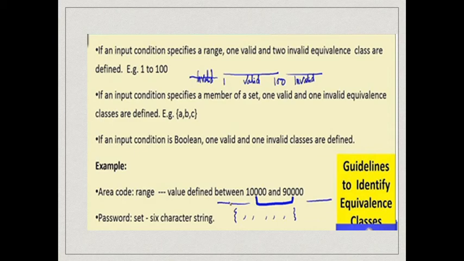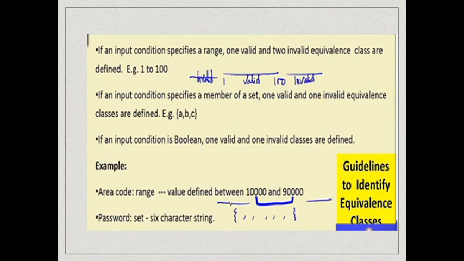Just to give some examples, if we want to enter an area code, let's say the area code is between 10,000 and 90,000. So the valid values are between these two, and anything more than 90,000 is invalid, or anything less than 10,000 is invalid. So one valid and two invalid. What about a password which contains 6 characters?